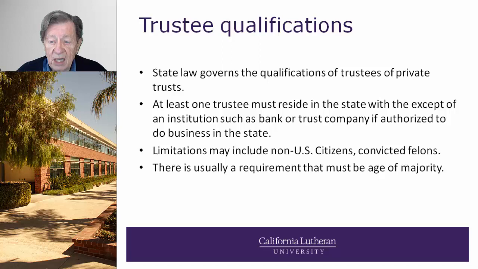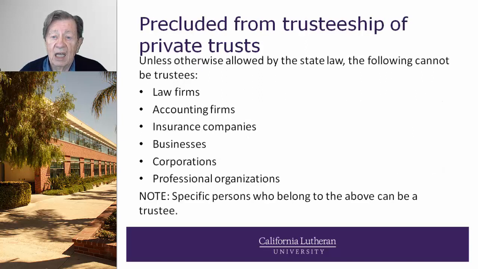There's usually a requirement that the trustee must be of the age of majority of that state. And each state has a different idea when you reach majority age. Some it's 16, some it's 18, some it's 21, some it's 16 or younger if you're married. It depends on the state.